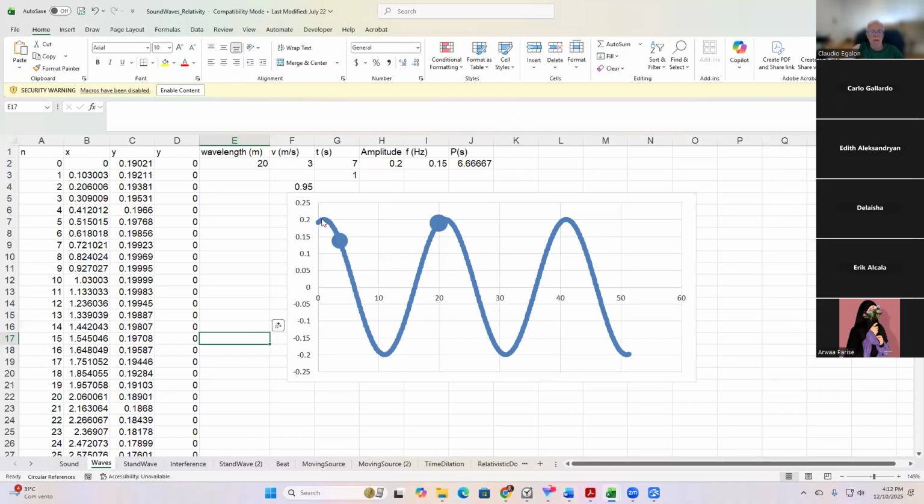A full period is going to be a y value that will coincide with the previous one, okay?